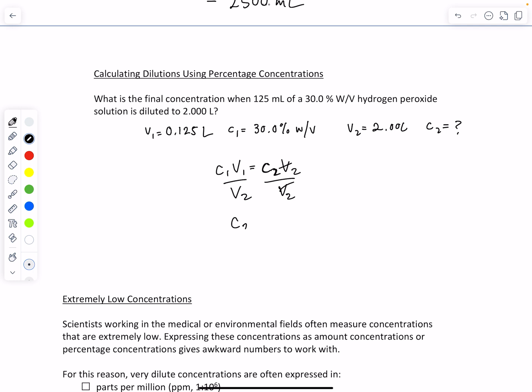And the final concentration is equal to C1 V1 over V2. That's 30% times 0.125 liters divided by 2 liters.